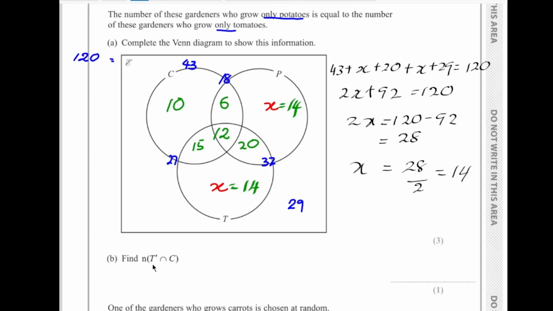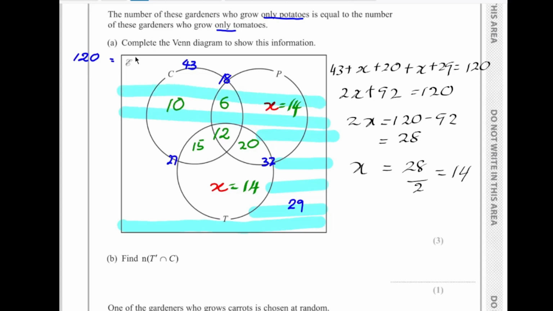So T complement means not T. So I'm going to shade each and every part of not T. Not T means I have to shade here, here, everything other than T, like we avoided T and we shaded the rest.